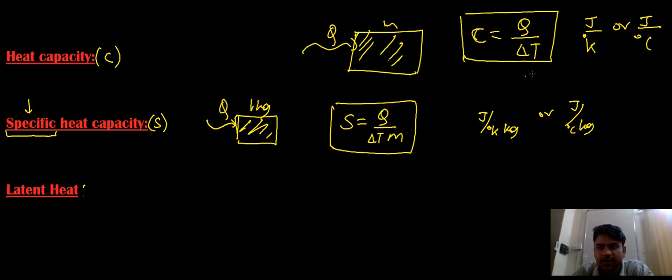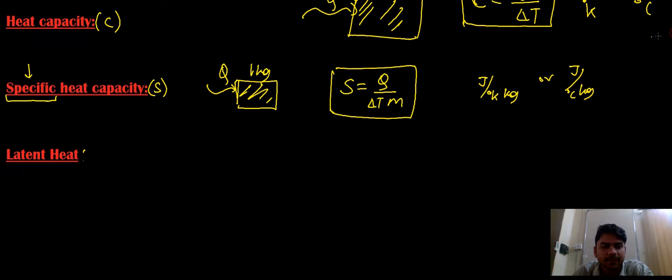Now the third one, which is a little different from these two. Latent heat comes into the picture whenever you are changing the state, or phase, of a given matter. Let's say you are either melting it or vaporizing it. The term latent literally represents a hidden heat.